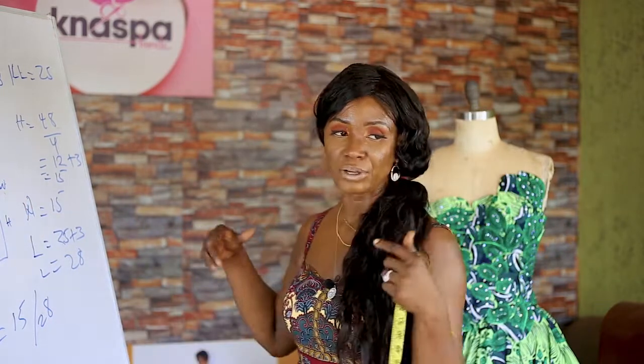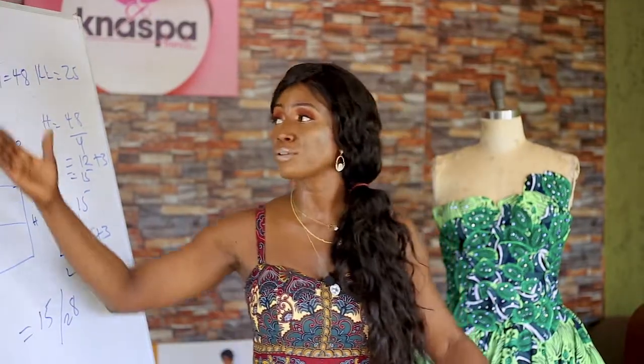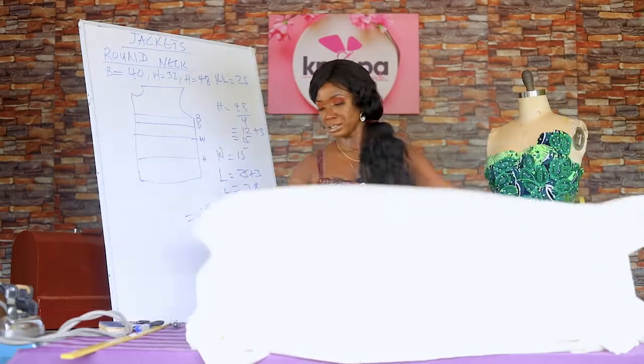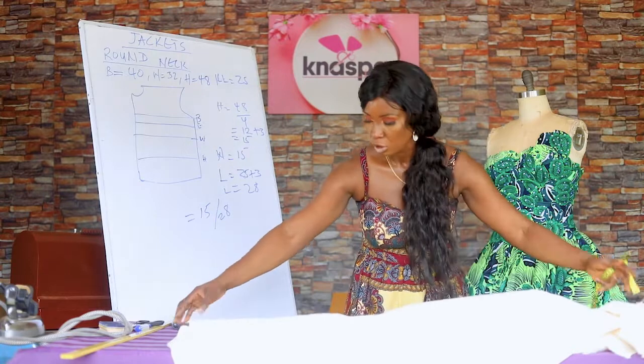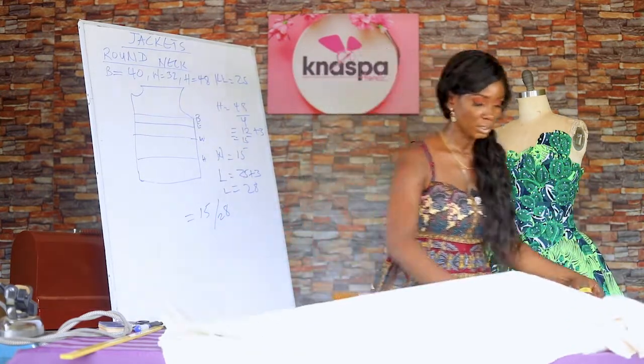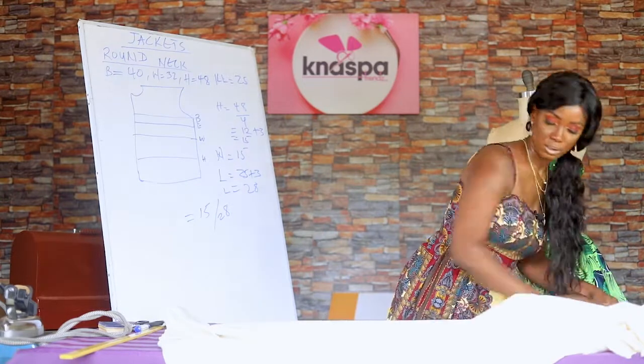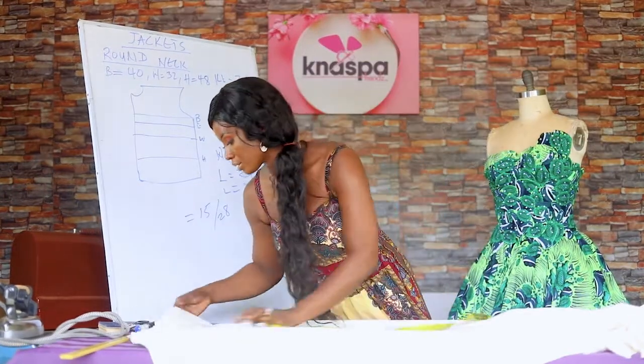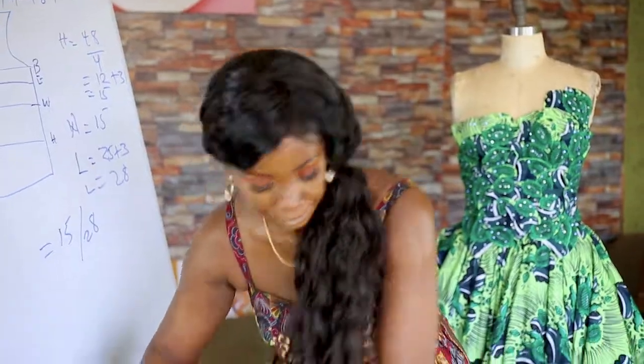So instead of the usual back having the zip allowance, we are going to bring it to the front. That's the only difference for the round neck. Since the back is going to be on fold, you are going to cut the back first. Then we'll use the back to cut the front with the allowance we need for the fastening.